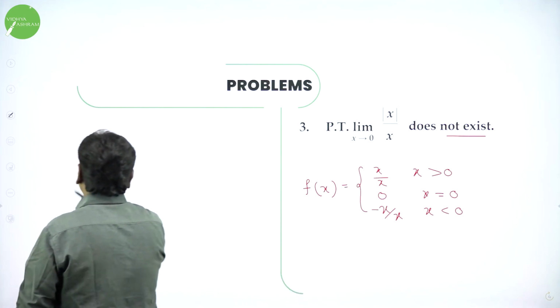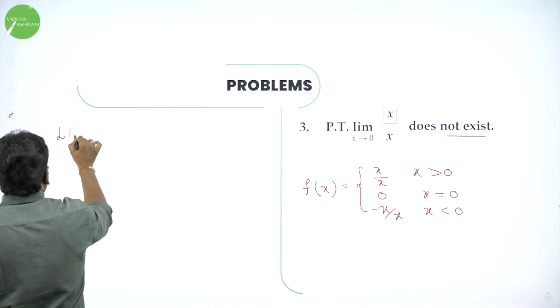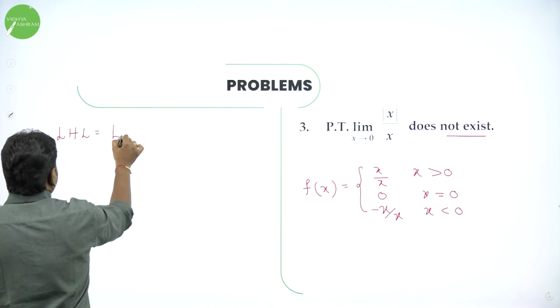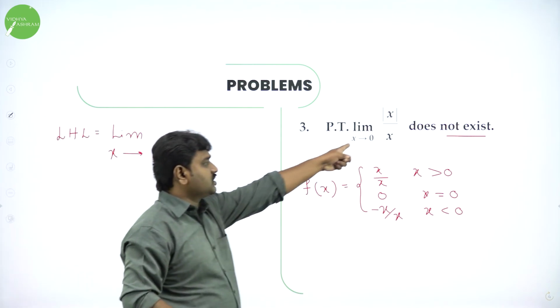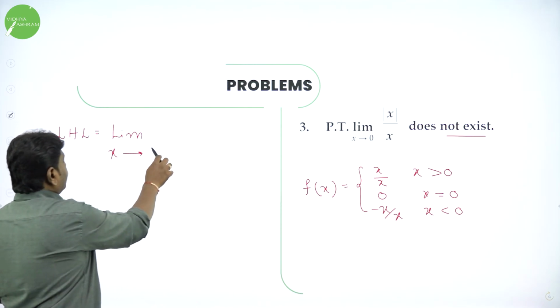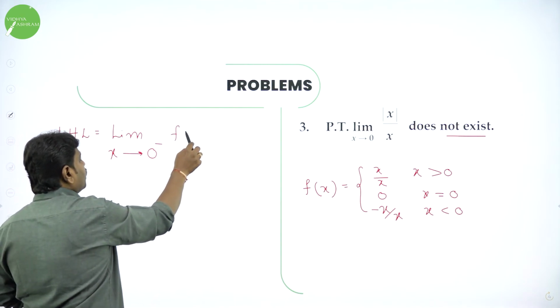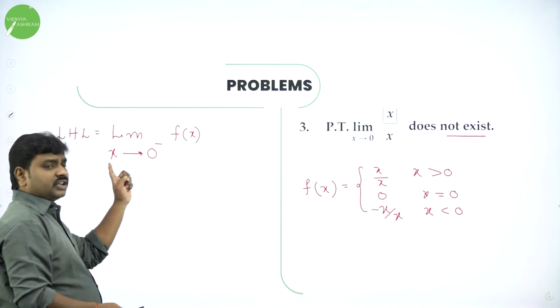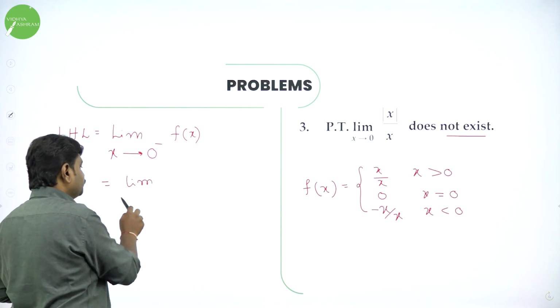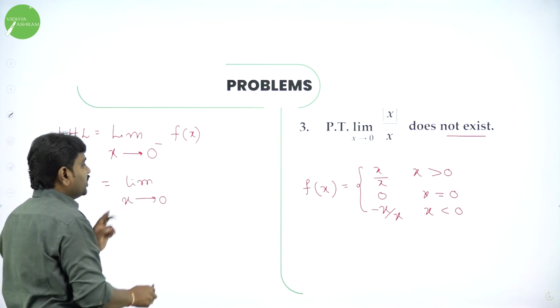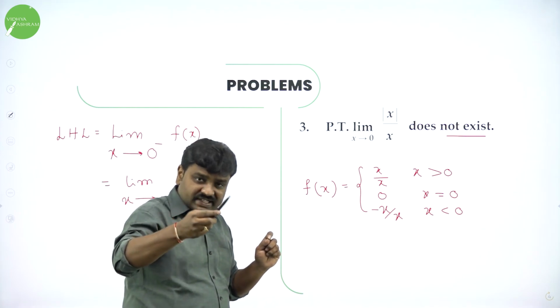Now I'll find LHL, the left-handed limit. What is the left-handed limit? They want you to find whether the limit exists or not at 0. So limit as x tends to 0 minus of f of x. That is, limit as x tends to 0, but minus means choose the function when x is less than 0.